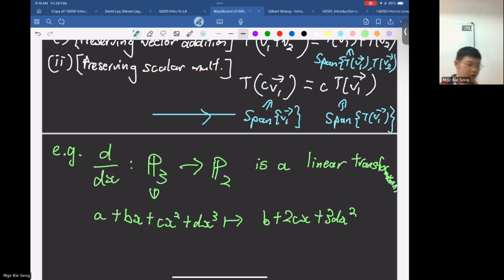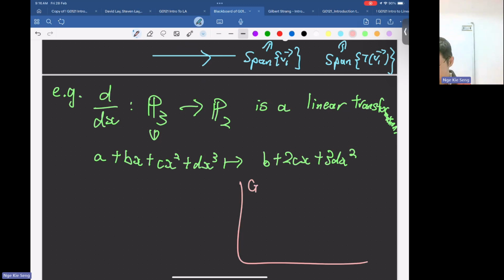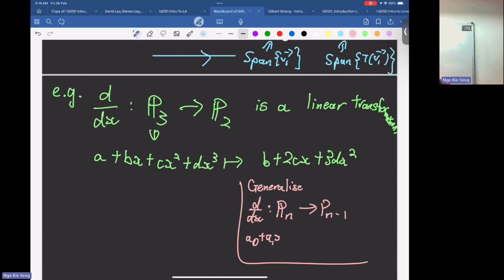I can generalize this. We can generalize d over dx to a map from Pn to Pn minus 1. Let me write down a0 plus a1x and so on.